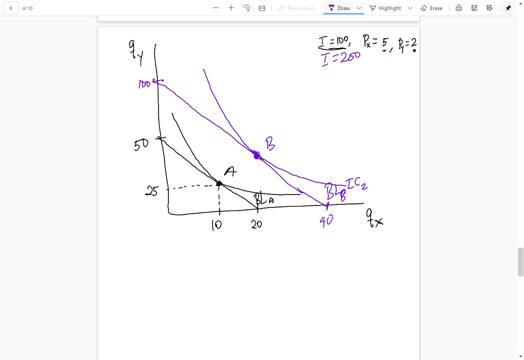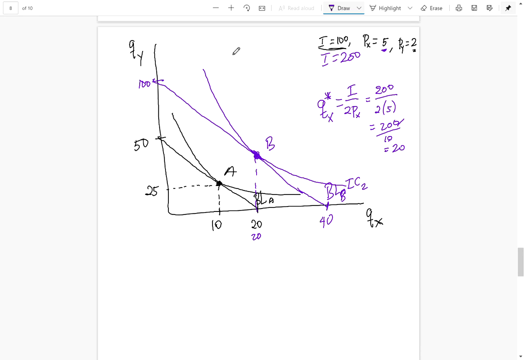This is the new optimal point. We can again do that calculation for this consumer's optimal bundle. So for QX star, optimal consumption, this would be income over 2 P of X, which is 200 divided by 2 times 5, which is 200 divided by 10, which in this case is 20, right?